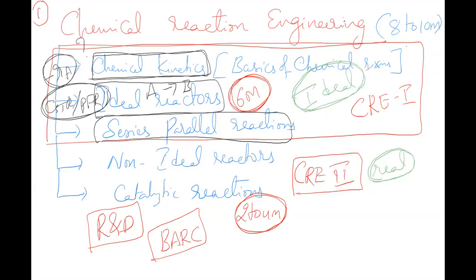In series parallel reactions, you take little complex reactions, A gives B gives C, A gives B and A gives C, complex reactions, and discuss reactor design. So you are slowly extending the scenarios. In the second chapter, we talk about reactor design for simple reactions. In the third chapter, we extend it to complex reactions.